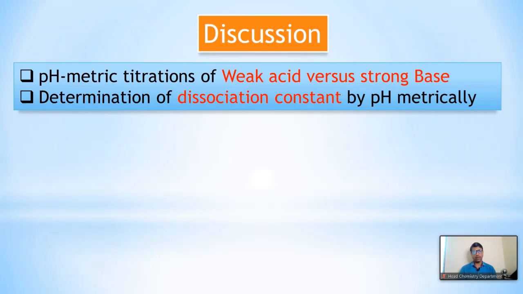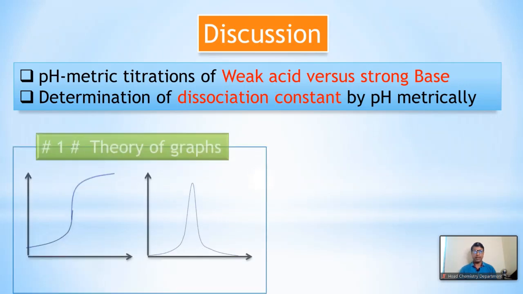Along with that, we also discuss in this video the determination of dissociation constant by pH meter. This second point is based on the pH metric titration of weak acid versus strong base. Because of that, I divide this video into two parts.